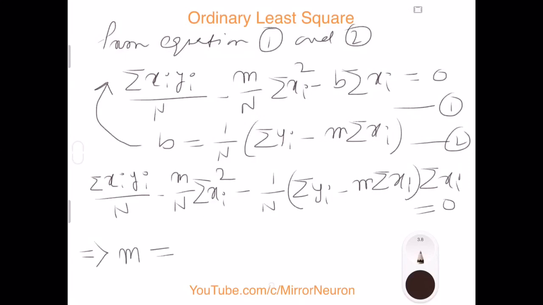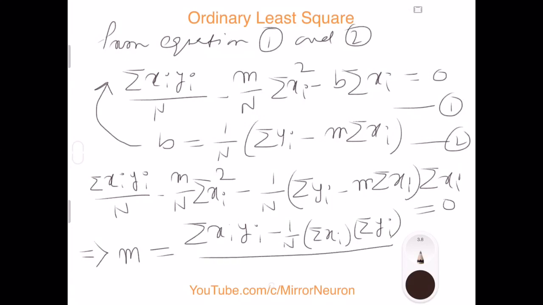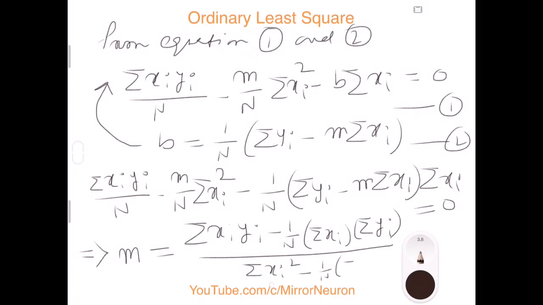So what we will get after rearranging all these terms is basically m is equal to, I'm not doing those further steps, but you can just take a common of all this and you will get summation of xi yi minus 1 over n summation of xi times summation of yi, whole divided by summation of xi square minus 1 over n the summation of xi whole square.